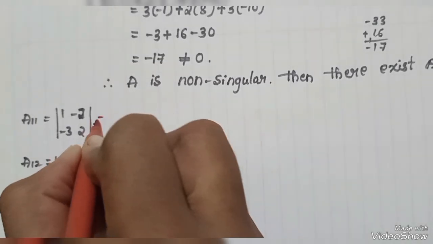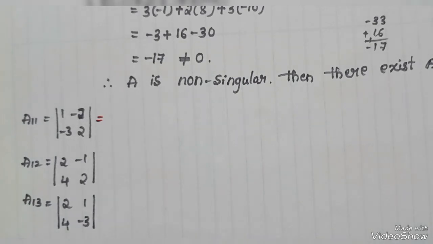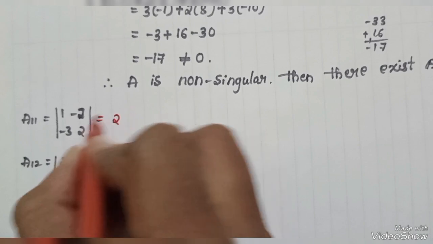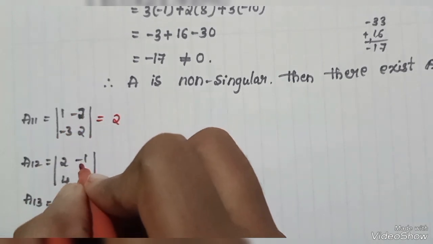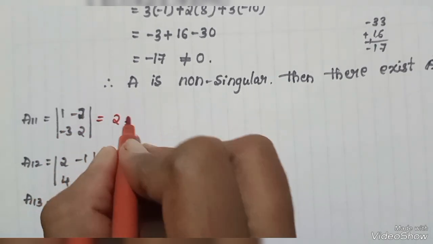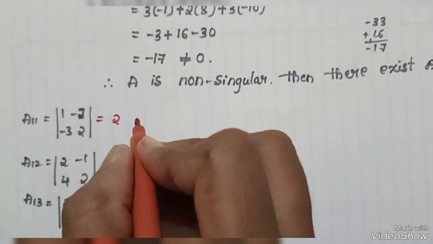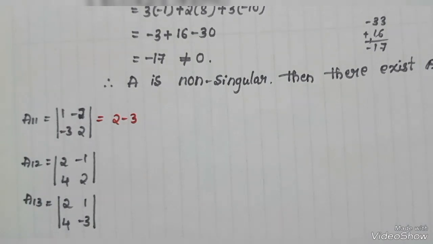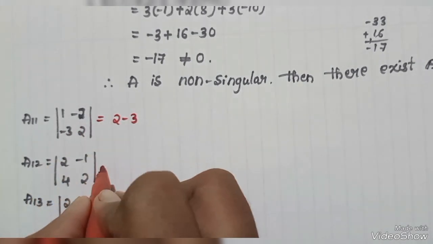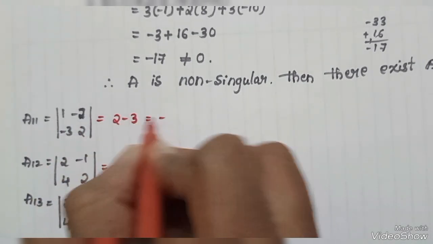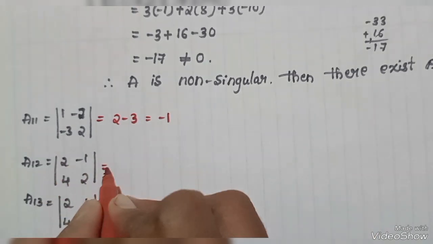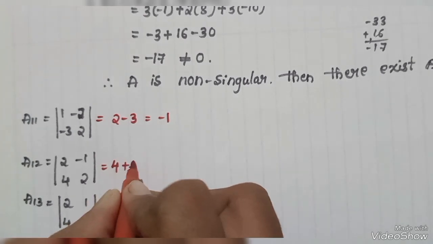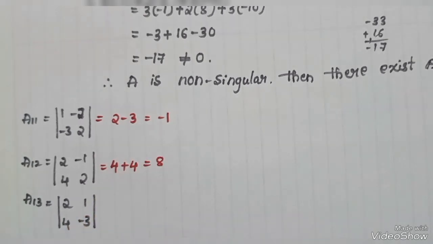Okay, now we have to calculate the values. That is 1 into 2, that is 2, minus into minus is plus, then there is a 1 minus, 3 into minus 1, that is minus 3. Next 3 minus 3, it becomes minus 1. 2 into 2, 4, 4 into minus 1, minus 4, there is a 1 plus, that is 4 plus 4, 8.